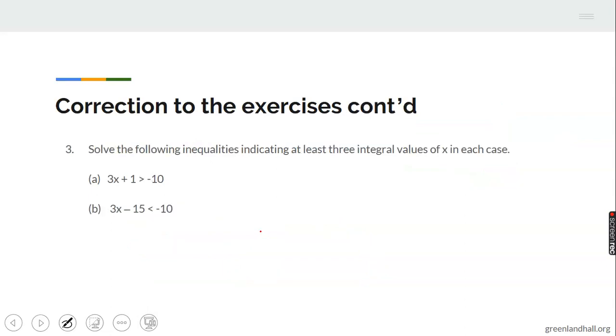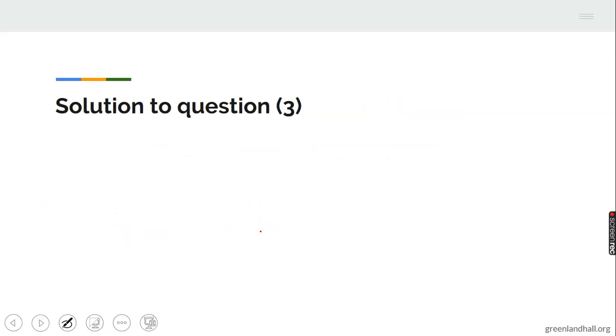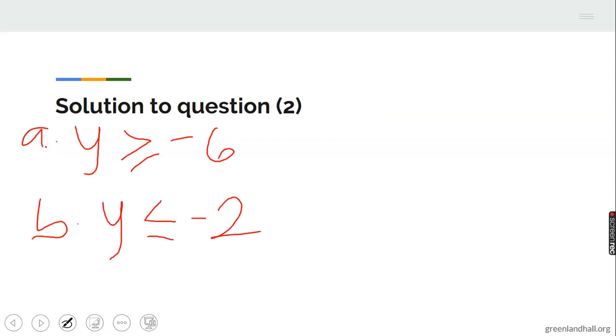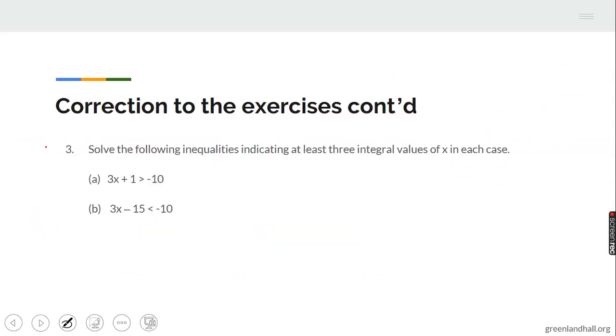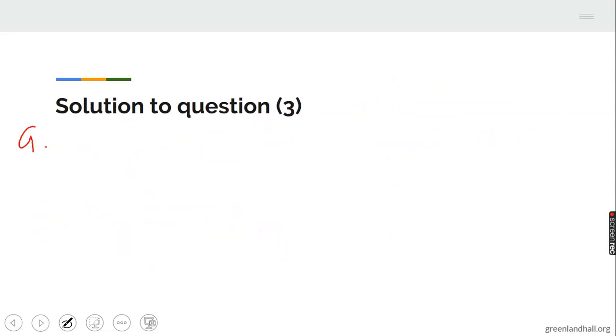Now the next one, we are to solve the inequalities, and we are to indicate the 3 integral values of x in each case. Okay, what is the first question? The first question is 3x plus 1 greater than minus 10.